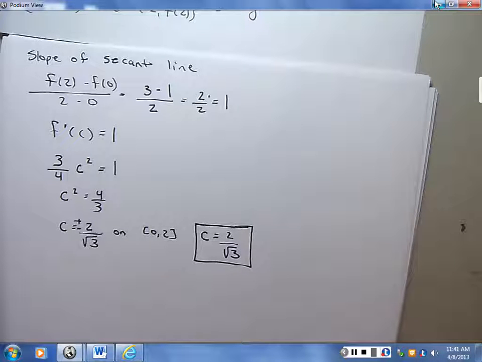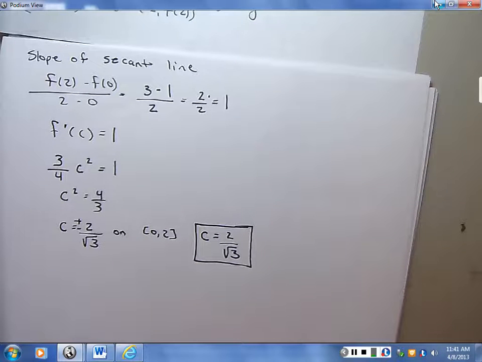So you take the derivative, set it equal to 1, and solve for the value of c that makes that true. Is that usually going to be a nice number? Well, slopes could be anything. It could be 3 over 4. So then it could be anything. Square root of anything crazy.